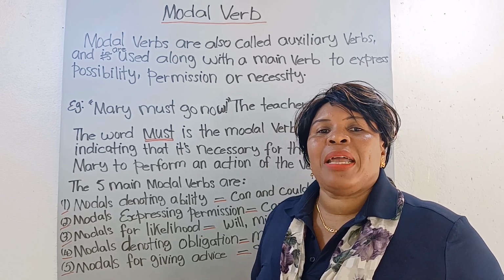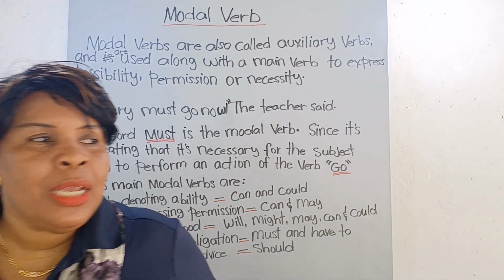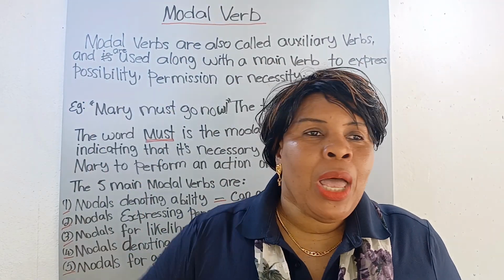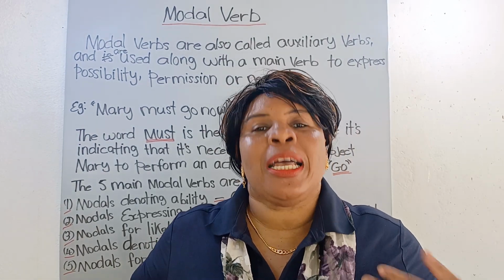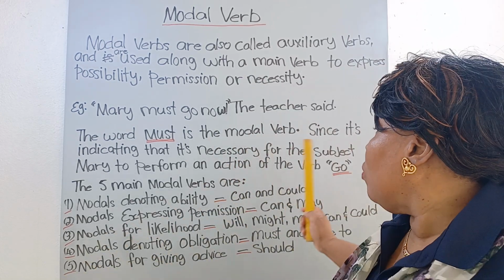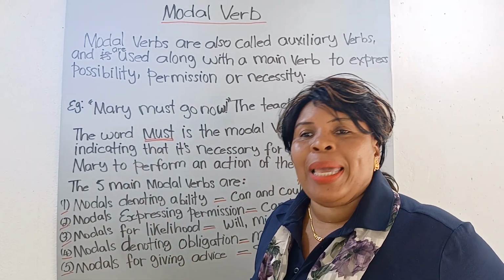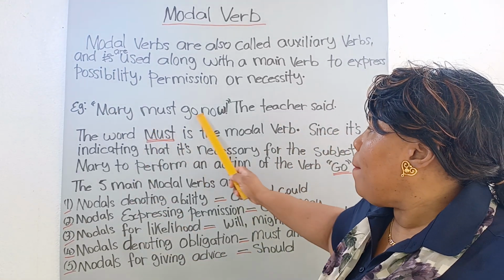What is the task that Mary has to perform? She has to go. She has to go to the bathroom, or go home now because her parent is sick, or go to the pharmacy. She has to move from where she's sitting or standing, and go someplace else. So Mary must go now.